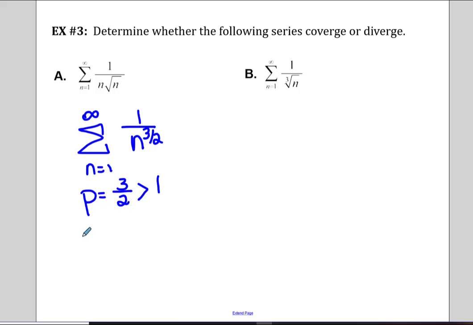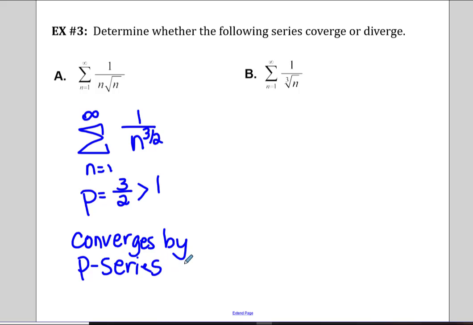So we can say that this series will converge by the P series test, since the power was larger than 1.